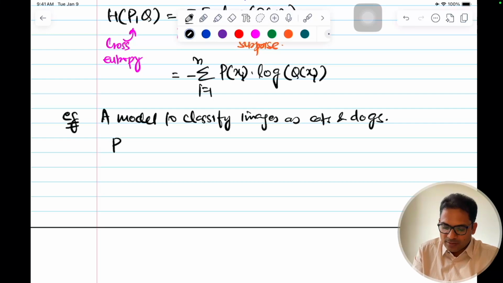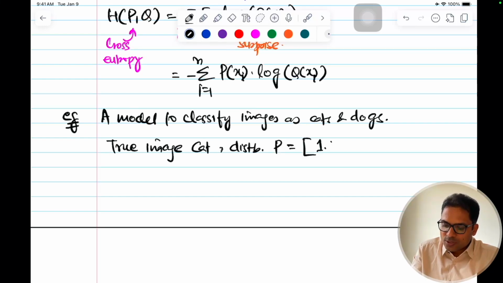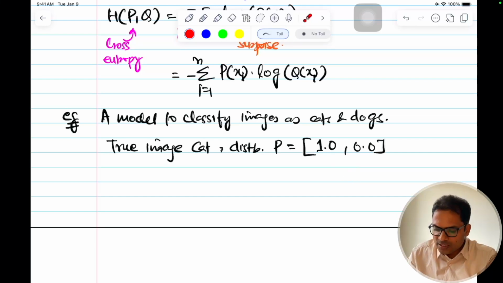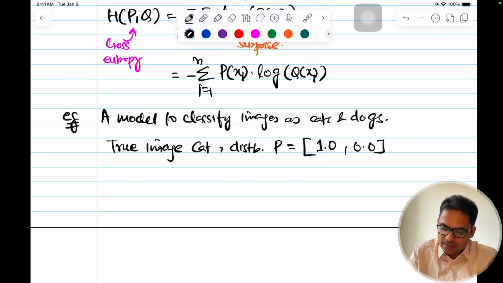The true distribution: distribution P will be equal to 1.0 for cat and 0.0 for dog. So this is my original distribution. I know that this is 100% cat because this is how I have labeled it, and 0% dog.